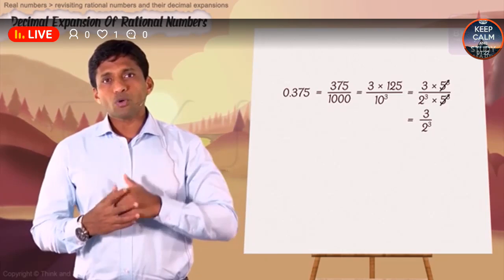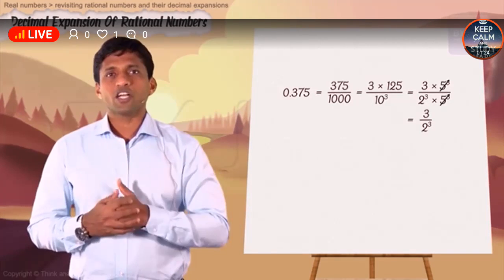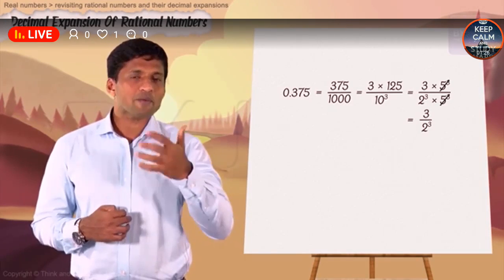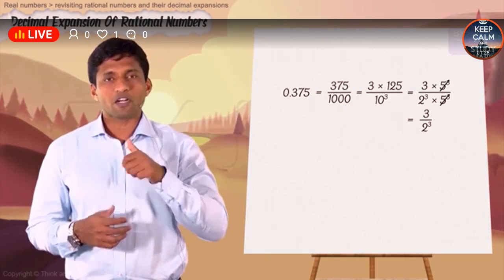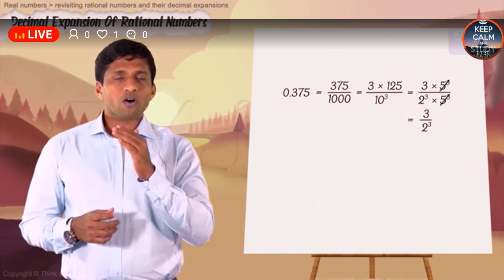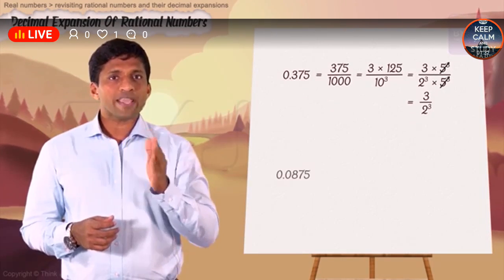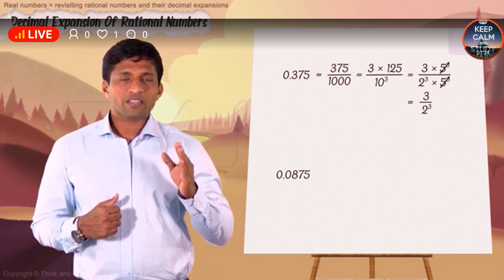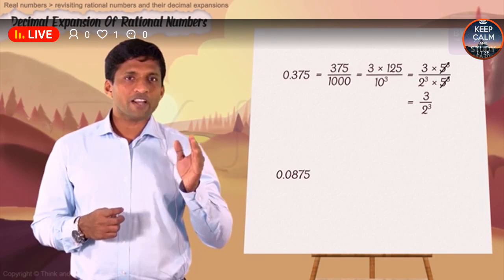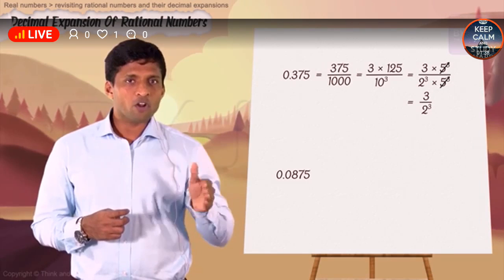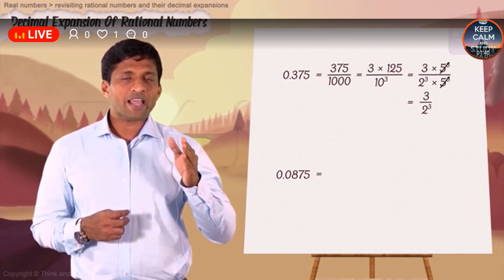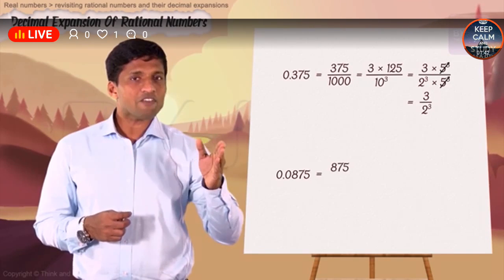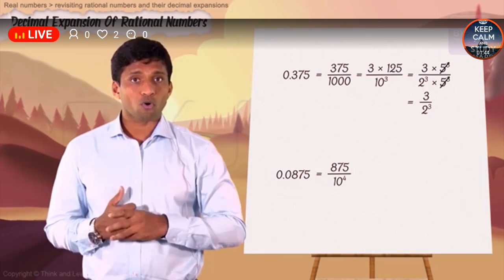Now let's look at another rational number. You'll understand why I'm giving you these examples, because we'll arrive at some conclusions here. Now if I take 0.0875, and use a power of 10 in the denominator, I can write this as 875 by 10 raised to 4.